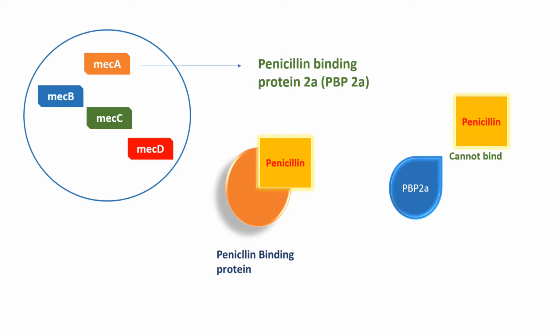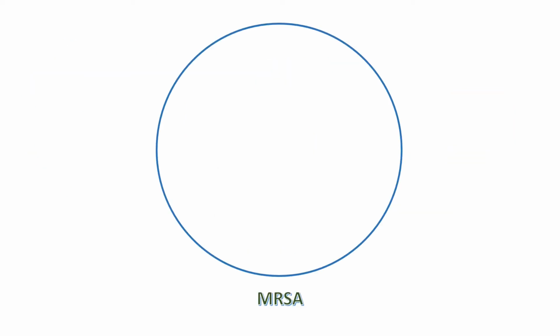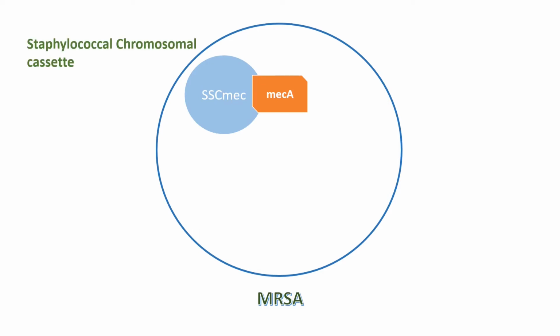Now, how does this mec gene get transferred from one staphylococcus to another staphylococcus? The mec gene is carried by a mobile genetic element that is present within the staphylococcus, and it is called staphylococcal chromosomal cassette mec. There are about 13 SCCmec types identified to date.